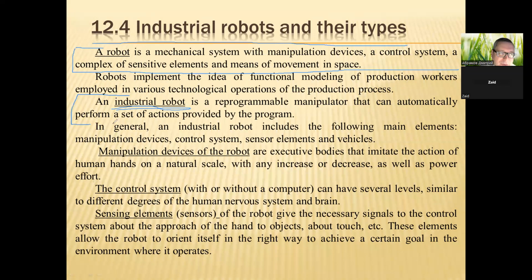Write down to your notes definitions of industrial robot. In general, an industrial robot includes the following main elements: manipulation devices, control system, sensor elements, and vehicles.